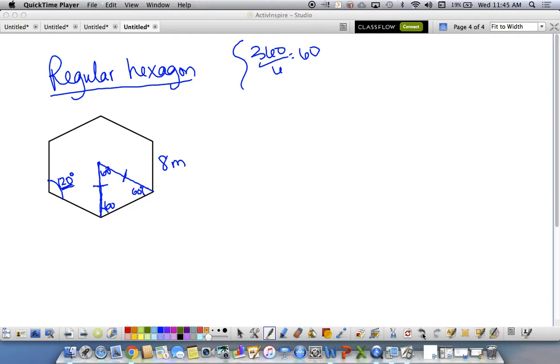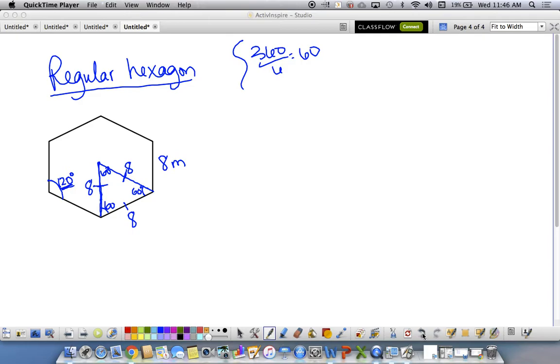That's right, 60 degrees, 60 degrees, and 60 degrees. That's very special because it is an equilateral triangle. It means all the sides are the same. So now I not only know the outside is 8, I know these other 2 sides are 8 as well.